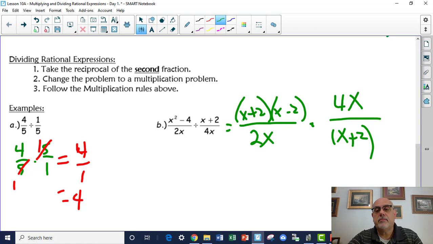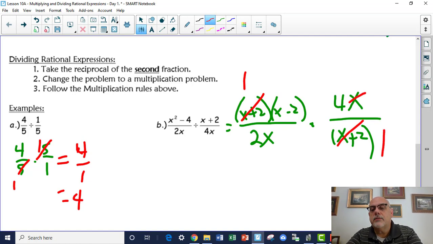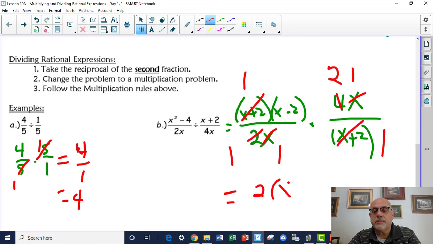It just saves you a step. So x plus 2 divides into itself once. X divides into itself once. 2 divides into itself once and divides into 4 twice. Okay, so your final answer is 2 times x minus 2 over 1, but you don't have to put it over 1. So that would be your final answer, 2 times x minus 2.